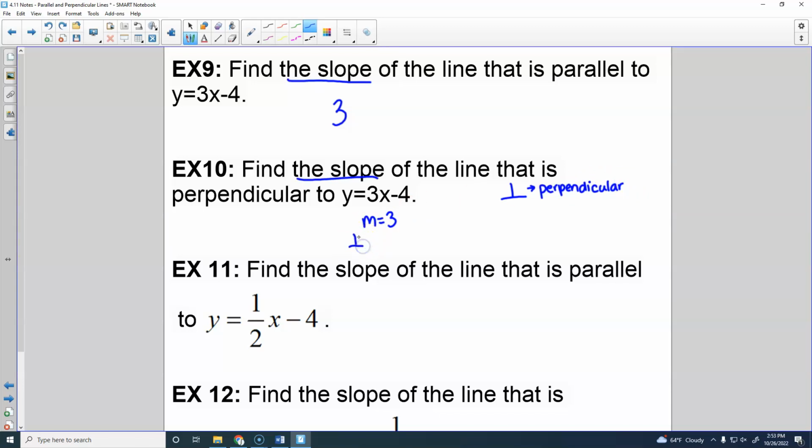And when I put upside down T, m, what do I mean right there? Perpendicular. So mathematicians like to avoid words, so we do things like this. So if my slope is 3, it would be -1/3. That perpendicular slope would be -1/3. So that would be the answer.